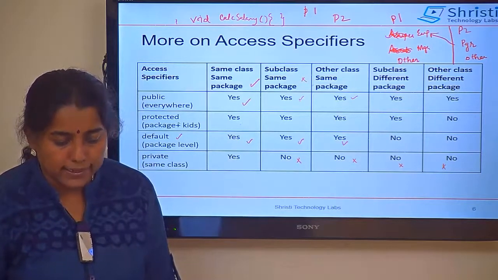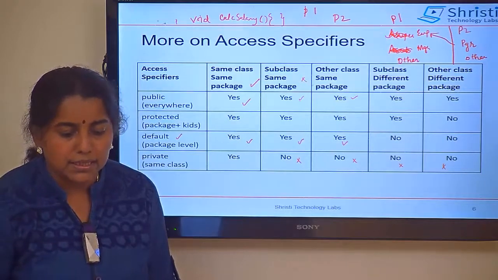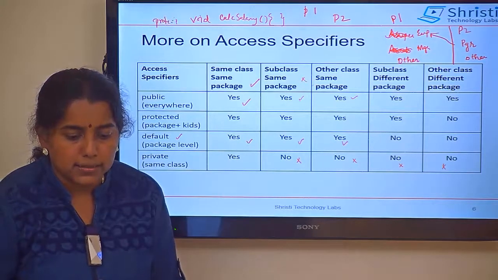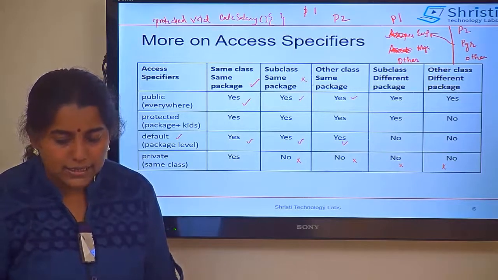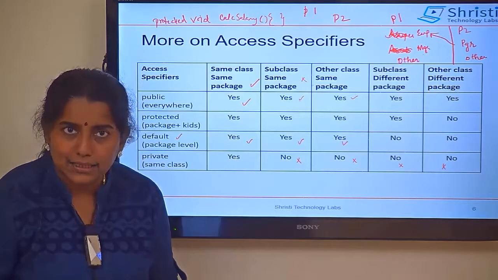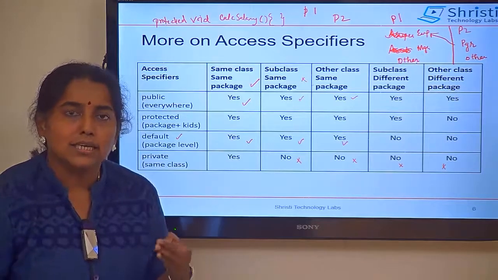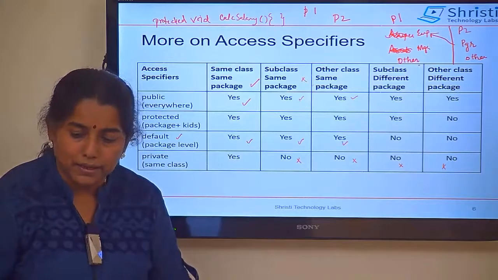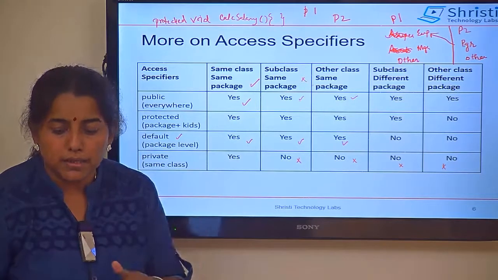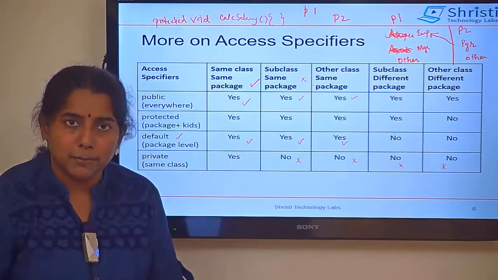Let me come to protected. I am having the calcSalary method. Now I am making it protected. If I make it protected, the employee class can access it, the manager class can access it, the other class, that is the client class or the main class, can also access it because they are all in the same package. What about the programmer? Programmer is a subclass of employee.